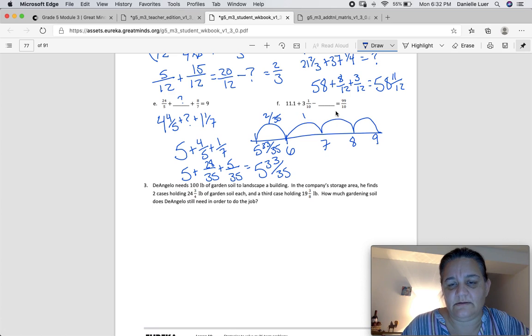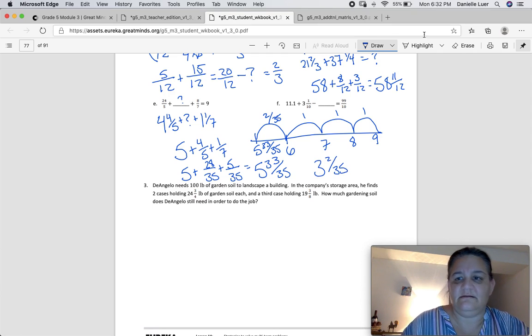So that's 1, 2, 3. So my answer here is going to be 3 and 2/35. Sometimes that number line, it's really helpful. 3 and 2/35. That's my answer.